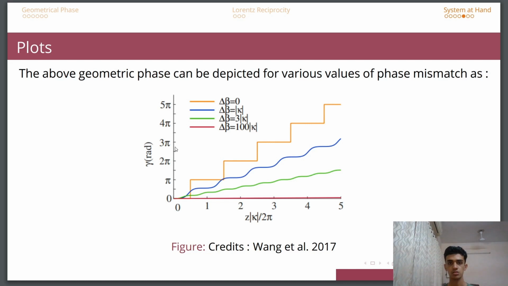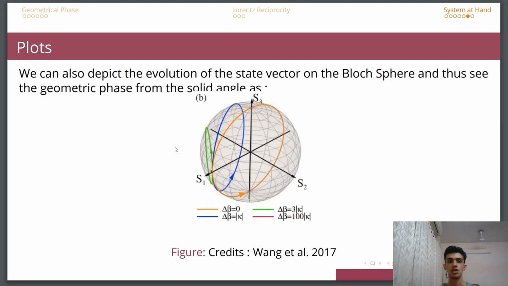Fine. So moving on, we can also depict the evolution of the state vector on the Bloch sphere, as I mentioned previously. So on the Bloch sphere, again the two important limits: delta beta much larger than mod kappa is, as you can see, I think just a dot on the S1 axis, as is expected. It has no geometrical phase essentially.